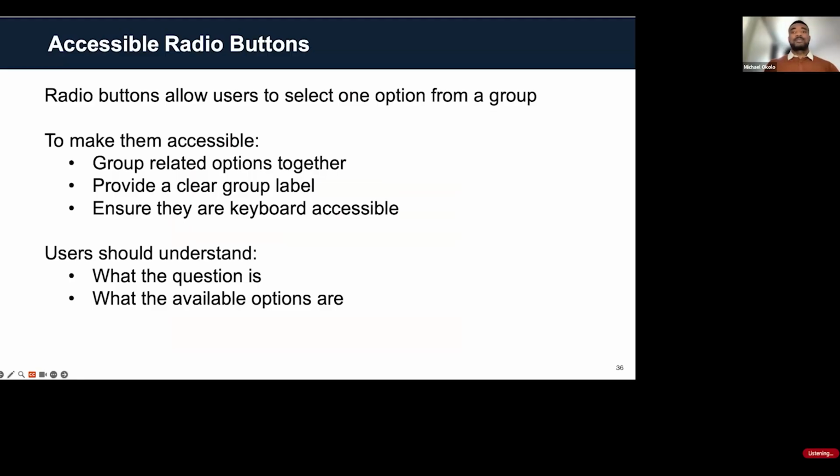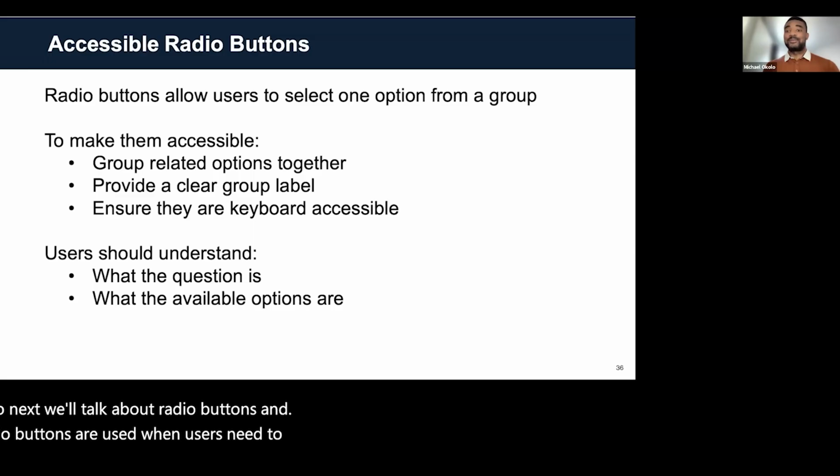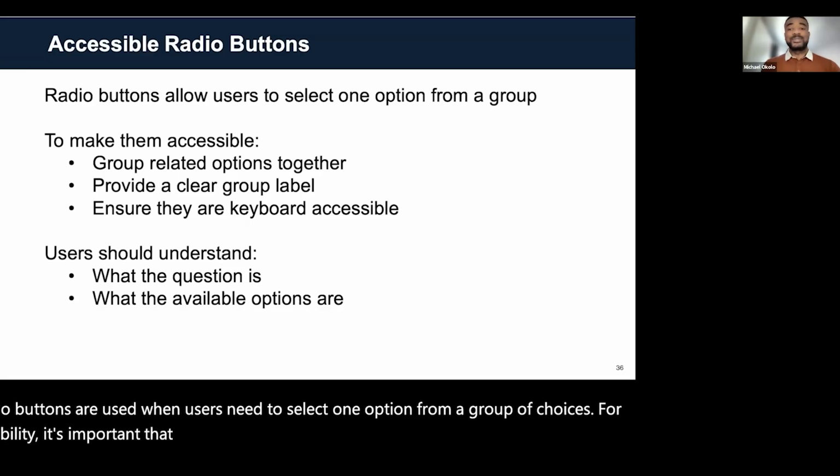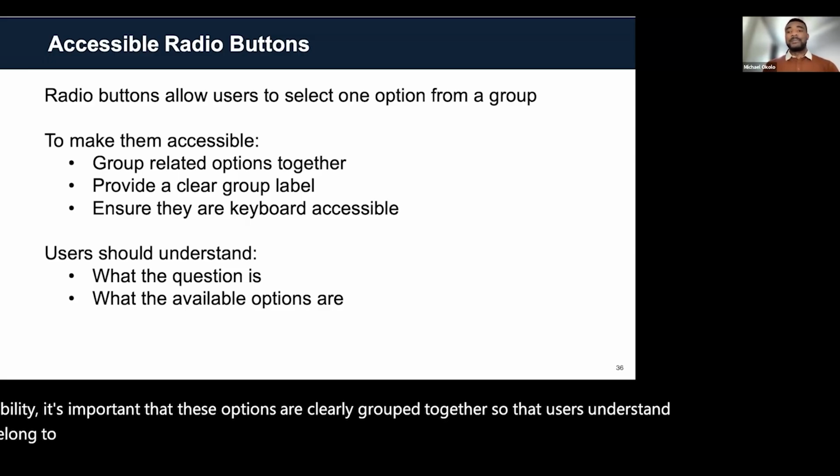Yep. So next, we'll talk about radio buttons. Radio buttons are used when users need to select one option from a group of choices. For accessibility, it's important that these options are clearly grouped together so that users understand they belong to the same question.